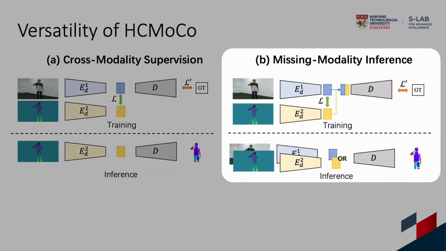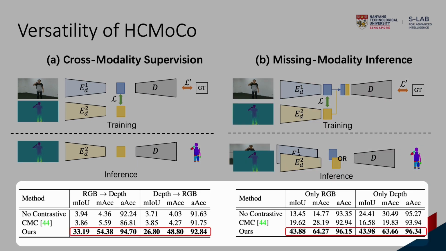For the missing modality inference, a shared segmentation head can be trained along with HC-MoCo contrastive learning targets, and we can inference only with RGB or depth input. Experiments on both applications show the effectiveness and versatility of HC-MoCo in cross-modality association and reasoning.